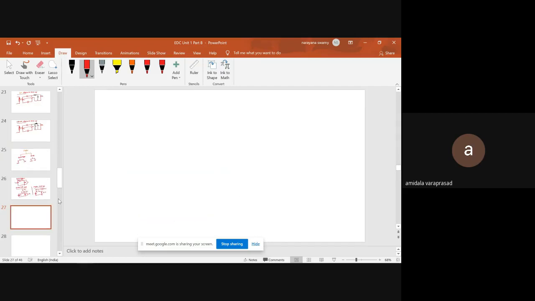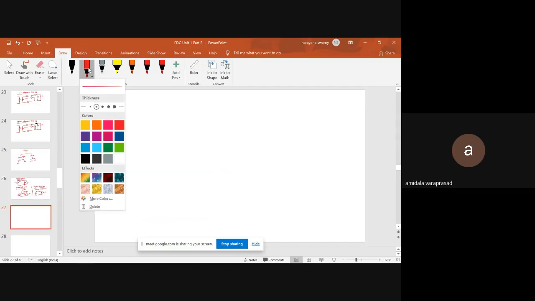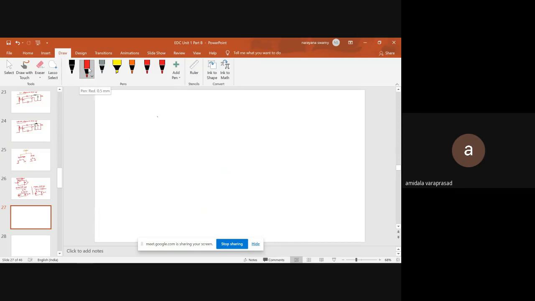Now if you see the circuit diagram, this is a full cycle, Vi of t. Then we got positive half cycle for positive half cycle, and for negative half cycle, zero. This looks like rectifier or not?